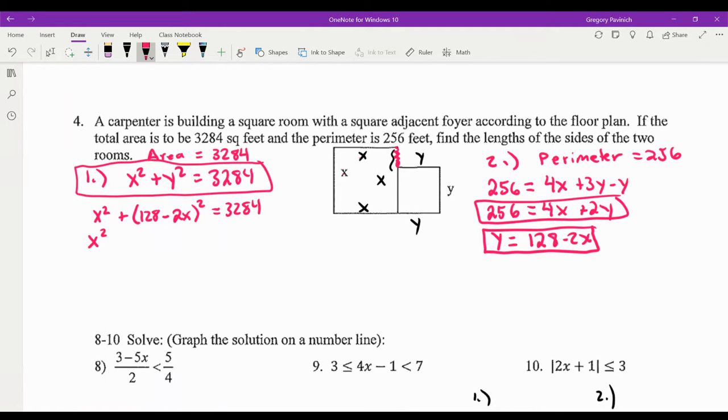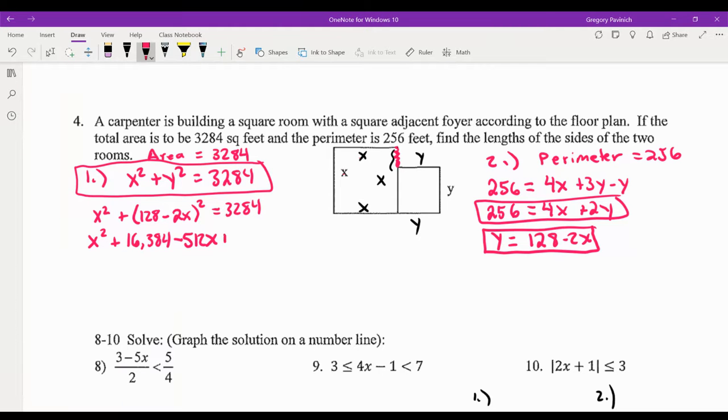and x squared plus, this is a difference of squares. I mean, not a difference of squares, a perfect square, right? So you're going to multiply 128 times 128, and I'm going to get 16,384. And then I'm going to multiply my 2x times my 128, and that's going to double up. I'll have negative 512x.